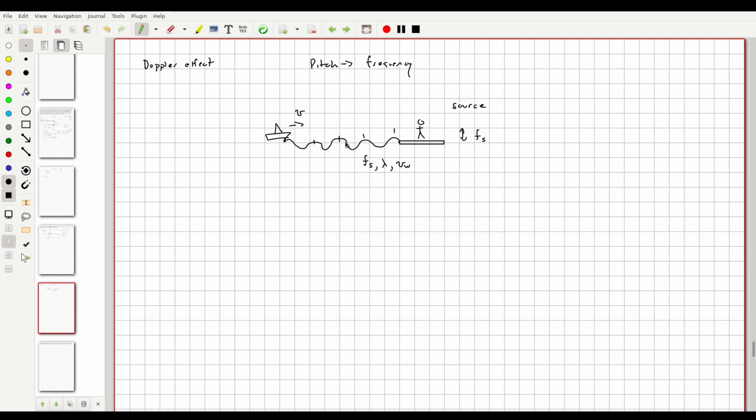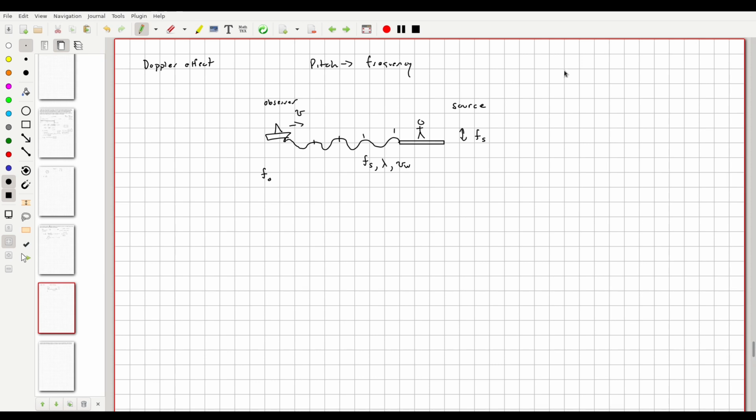And the reason why you're seeing them more frequently is because you're driving towards them. So more frequently means a higher frequency, which means that you, as an observer, observe a frequency that's not going to be the same as the source's because of your motion.